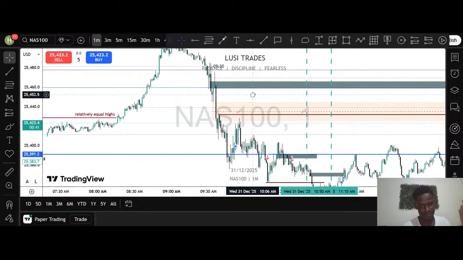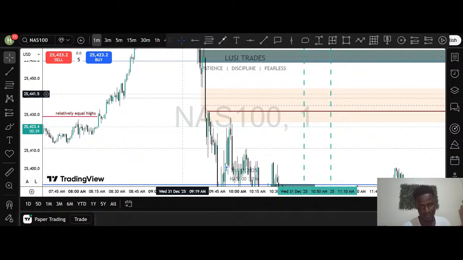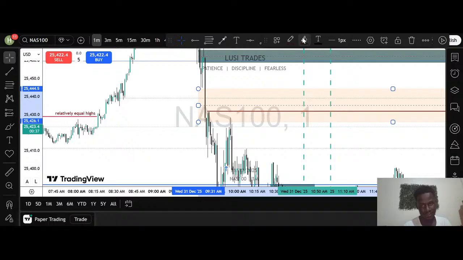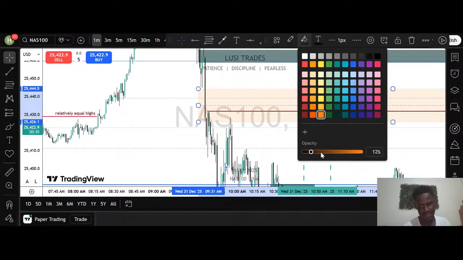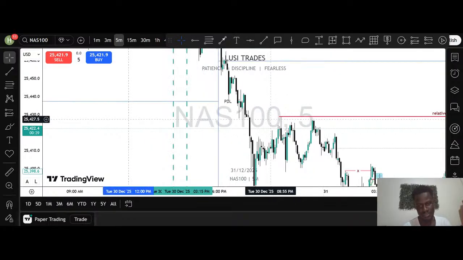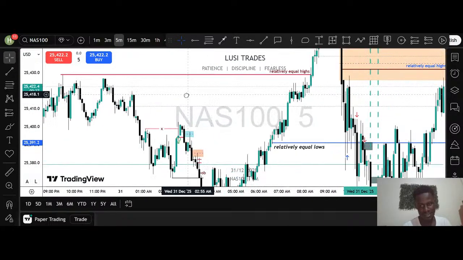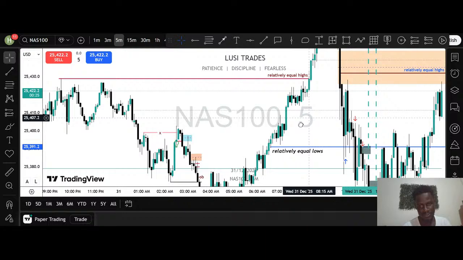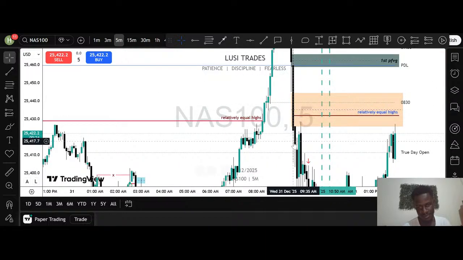If I expand it and show you guys, you can see these are sell side imbalance, buy side inefficiency. This was on the 5 minutes, so let me mark it on the 5 minutes so that you guys can see it. So this CB, sell side imbalance, buy side inefficiency, is inefficient in buy side delivery.